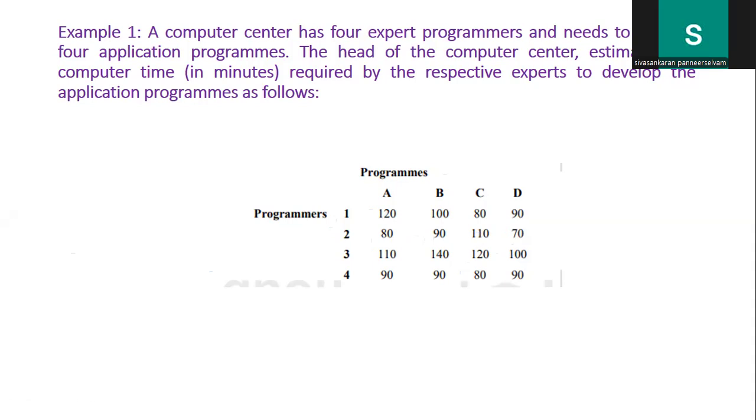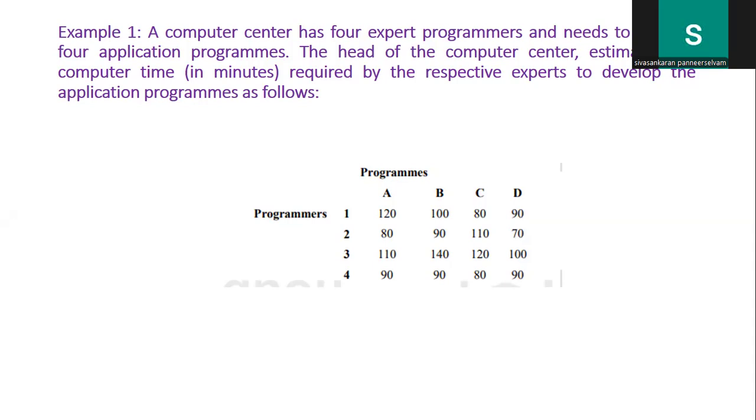And these numbers represent the process time in minutes. How to read this table? For example, programmer 1 takes 120 minutes to develop application program A.